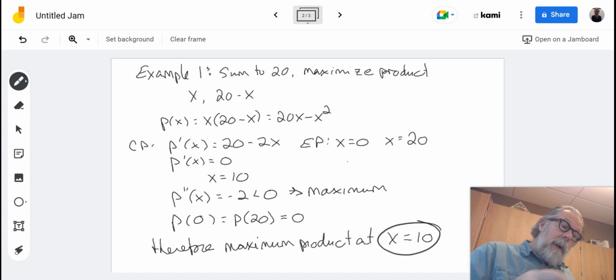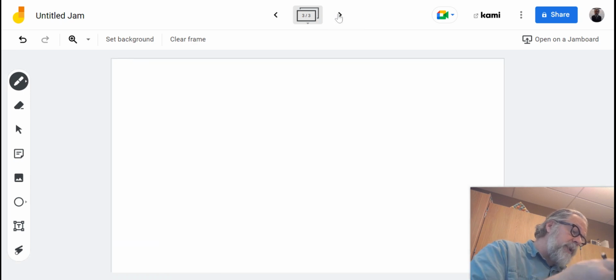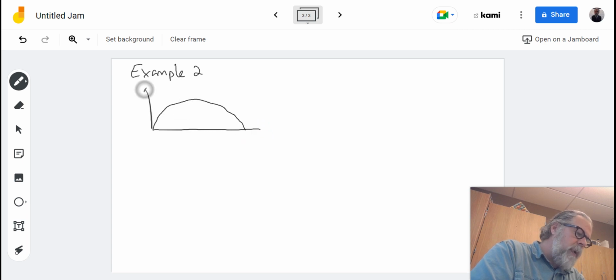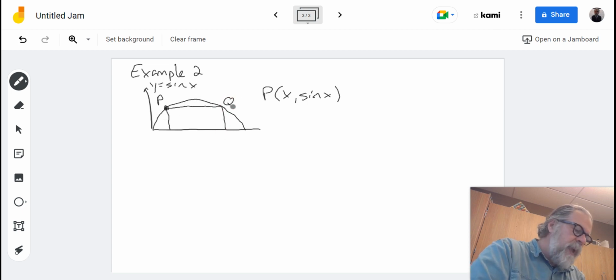All right, let's do a quick second example, example 2. And we are going to inscribe a box, a rectangle under the curve y equals sine of x, which means that we know that this point P has coordinates x comma sine of x, and an inscribed rectangle will naturally be symmetric.